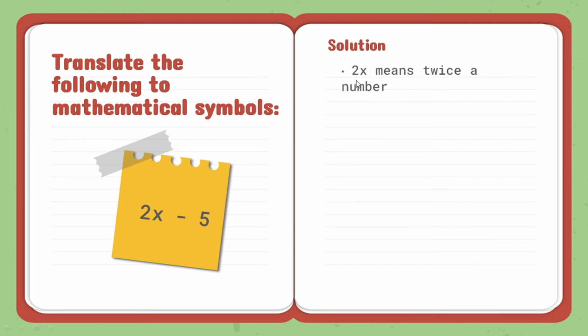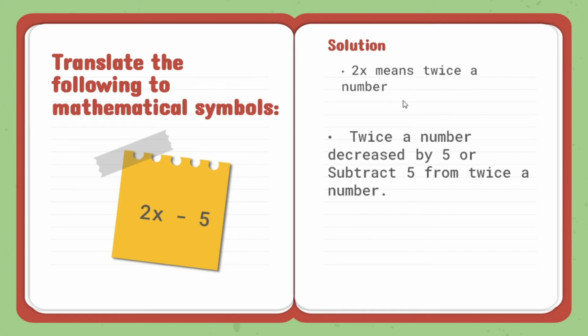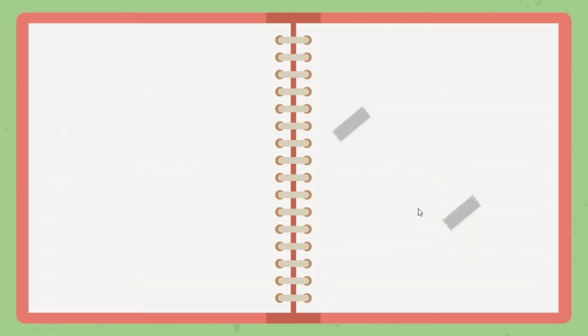Meaning, twice a number. 2x, twice a number. Next, there is a minus 5. So, we can say twice a number, that's the 2x, decreased by 5, because it was subtracted by 5, and decrease means subtraction. Right? So, decreased by 5. Or we can also say subtract 5 from twice a number, we remove 5 from it. That's why 2x comes first. Subtract 5 from twice a number.